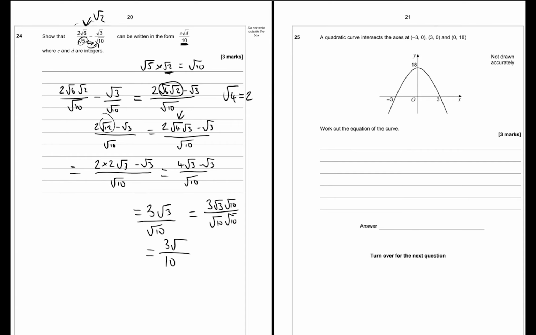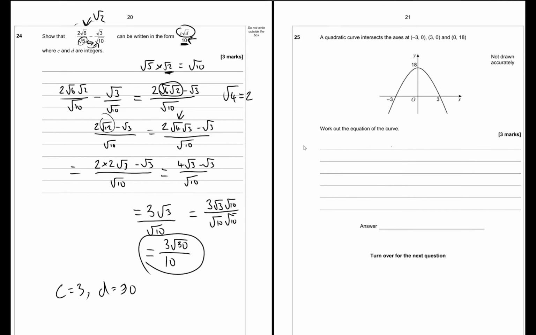And then the top is going to be root 3 times root 10 equals root 30. And I think we're done. So the bottom is 10, which is what we wanted, and then we've got c root d, so c equals 3, d equals 30. And we are finished.